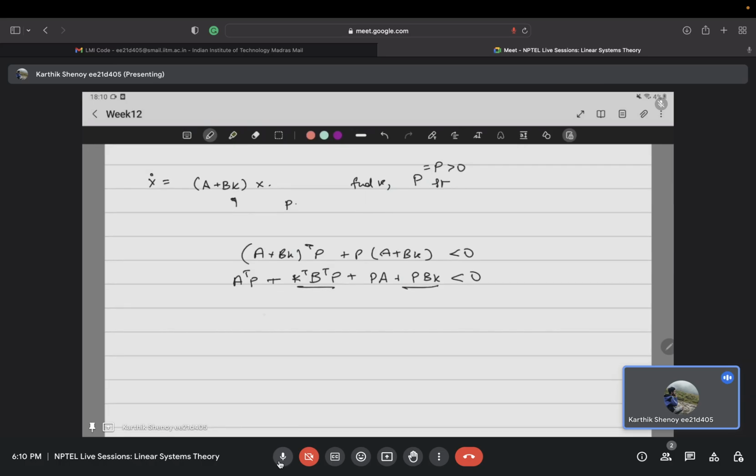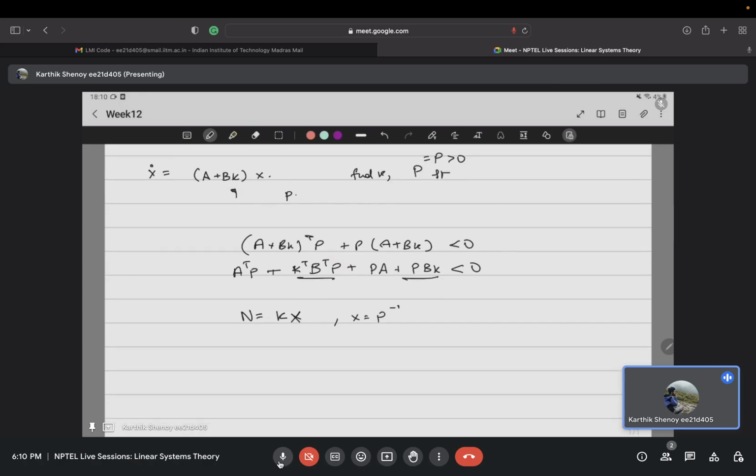So to convert this, what we do is we change the variables: N equal to K times X, where X is equal to P inverse, okay.